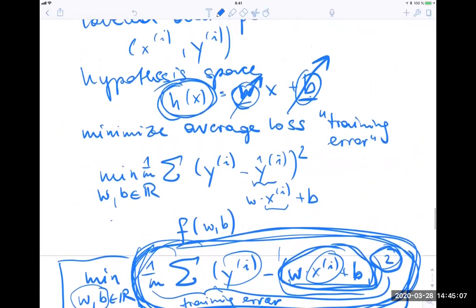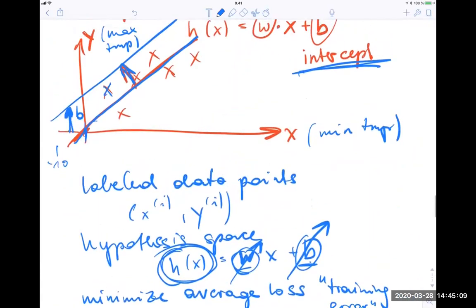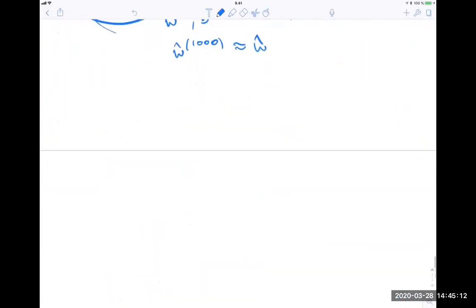So the question was also, what are alternative hypothesis spaces? Well, we could look at another hypothesis space, which is polynomial predictors, which are of the form polynomial, as the name suggests, and the weights here are the coefficients of the polynomial.